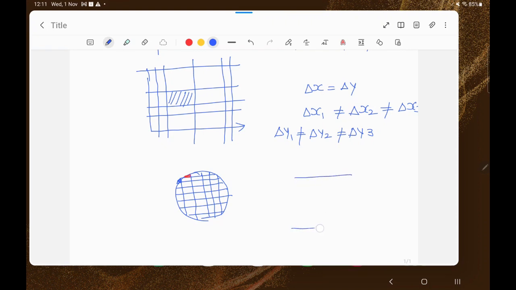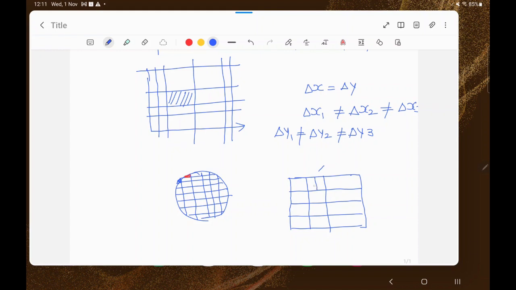I have a domain like this. Simple structured grid. Okay. What grid adaptation means is, I find that this cell size is bigger.